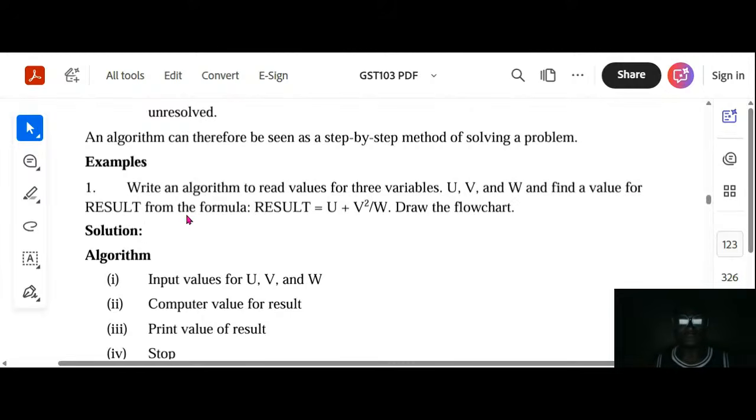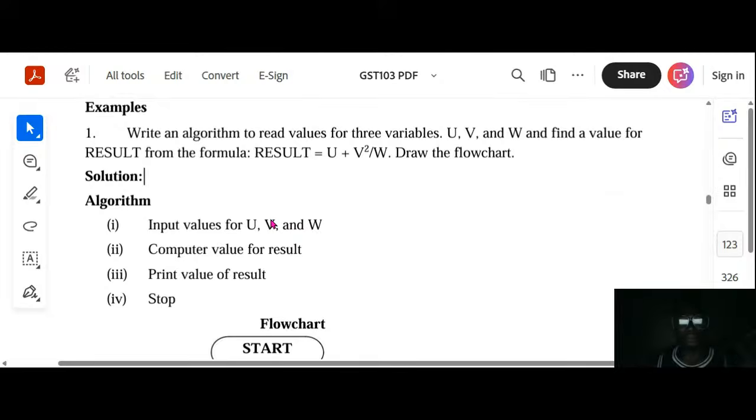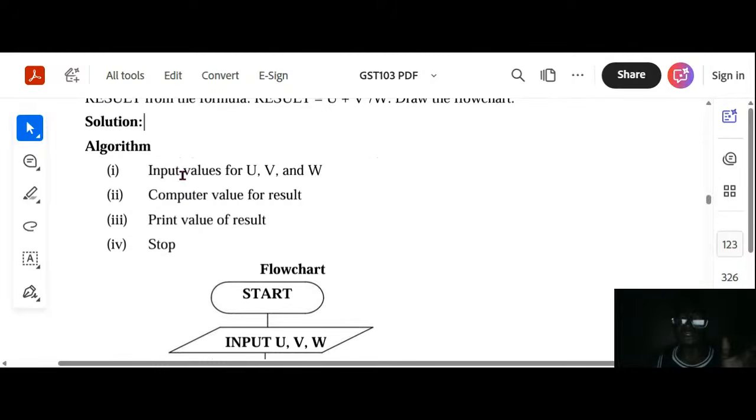So, examples. Write an algorithm to read values of 3 variables, u, v, and w, and find a value for result from the formula. Result is equals to u plus v squared over w. Draw the flow chart. Then in solution, the first thing is you must input your variables. Input is the first thing. After you input, then you compute value for result, you print value for result and stop.